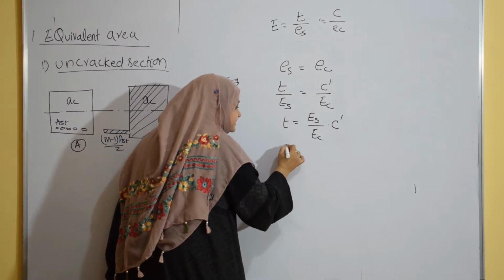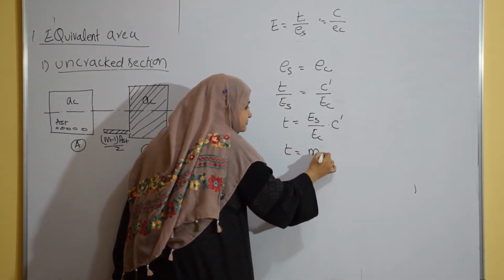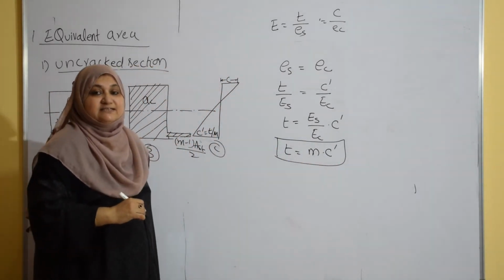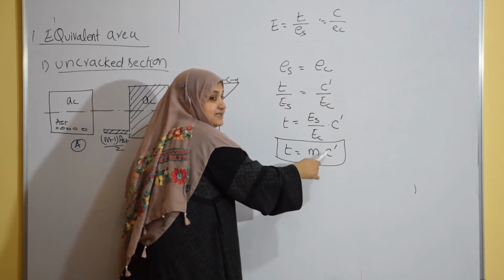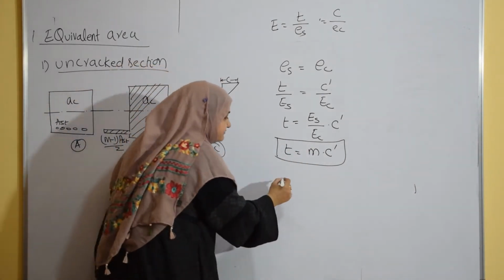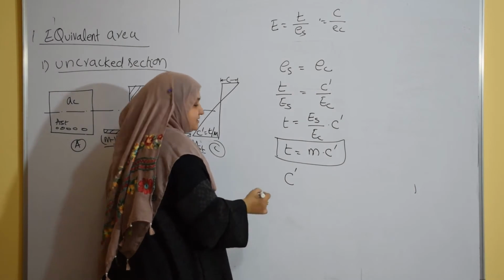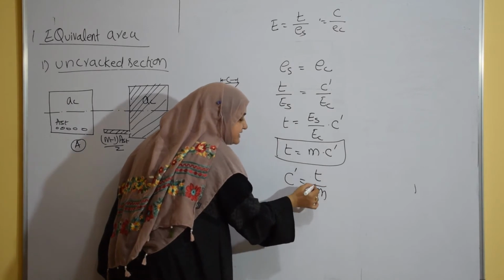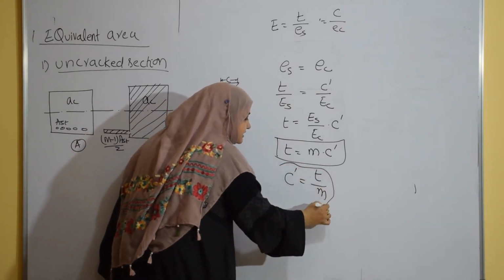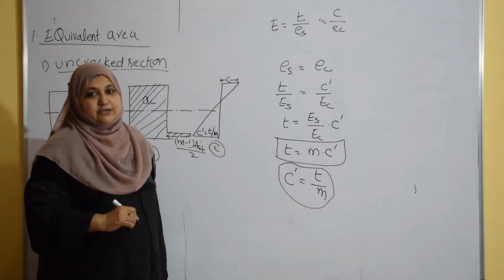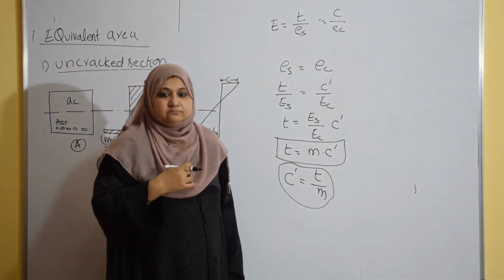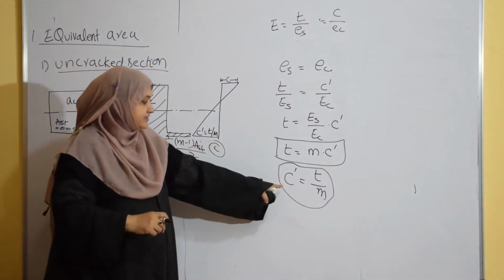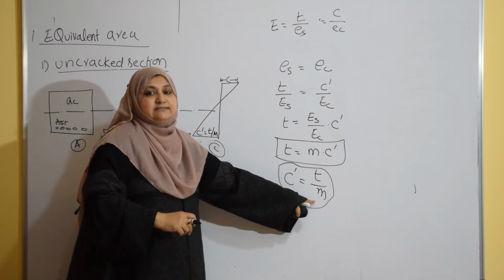Es by Ec is the modular ratio m. So the tensile stress in steel is m times the tensile stress in concrete, or conversely the tensile stress in concrete is equal to the tensile stress in steel divided by the modular ratio, that is 1 by m times the tensile stress in steel. This is the equivalent relationship.